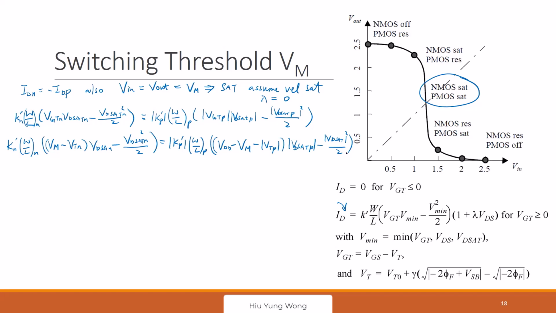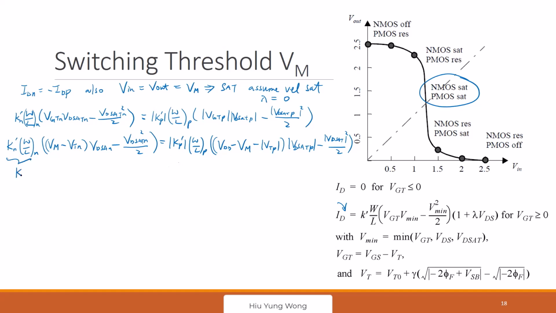Now I try to simplify. You will realize, if you do it yourself also, that I call something R. I say R equals K'P... sorry, I actually need to simplify a little bit more. This is different from what I wrote in the cheat sheet.